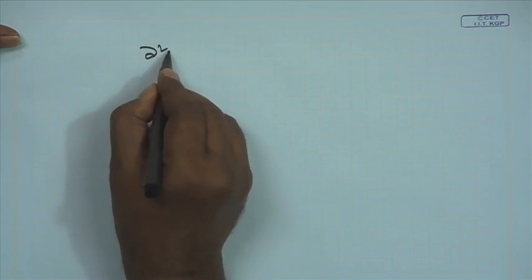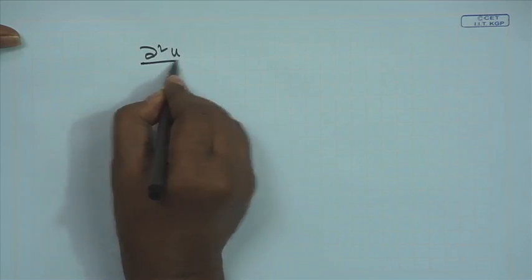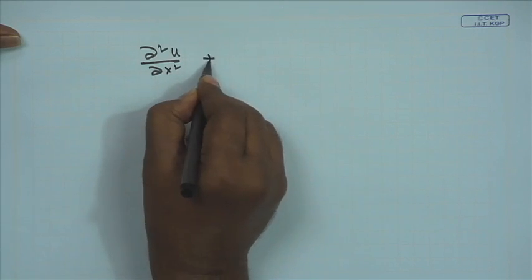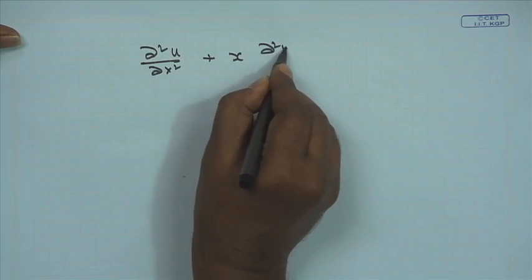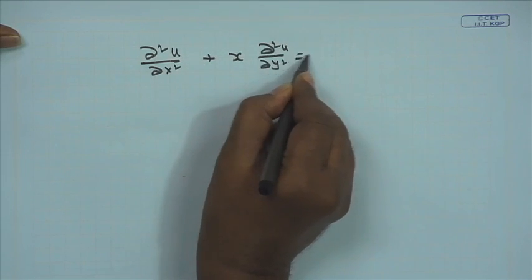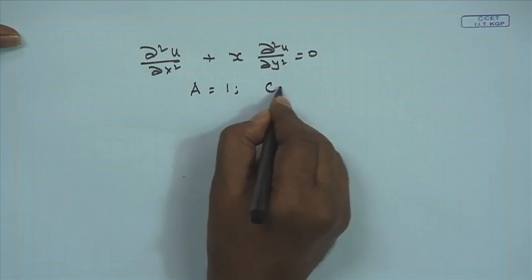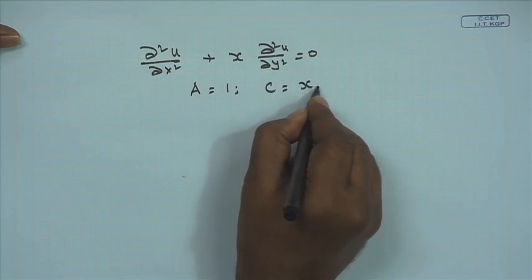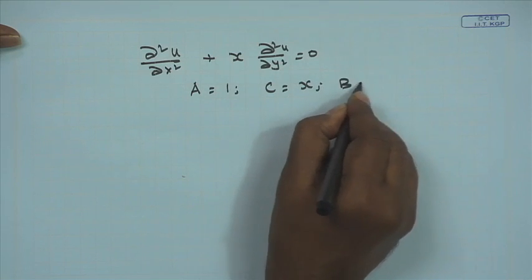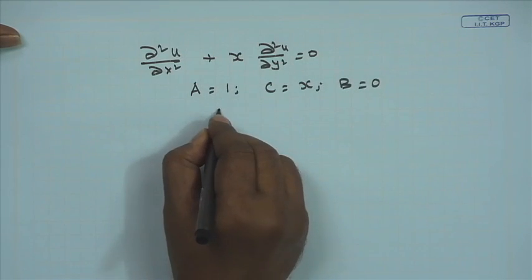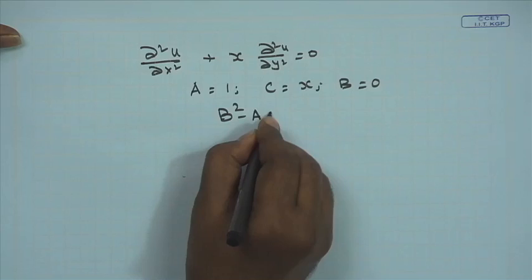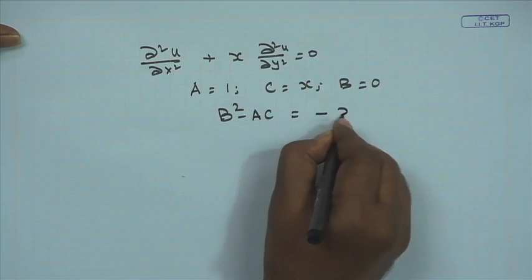For example, if we have the equation ∂²u/∂x² plus x ∂²u/∂y² is equal to 0. In this case, a is equal to 1, c is equal to x, and b is equal to 0. So, we compute b² minus ac, and b² minus ac is minus x.